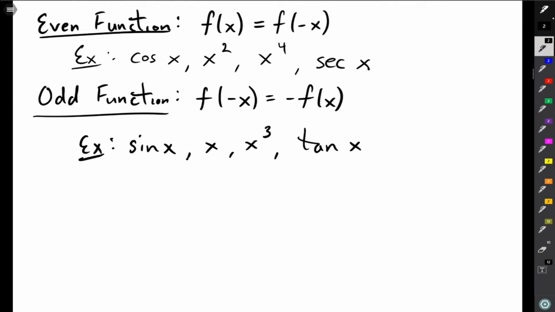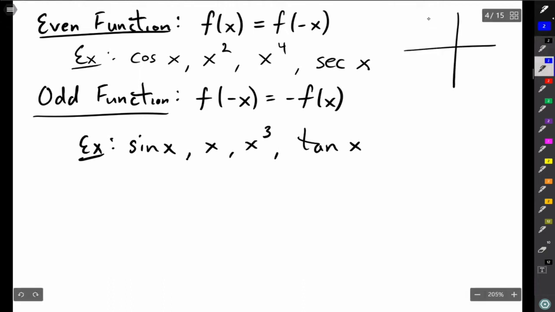What does an odd function look like graphically? Remember we said an even function is something that's symmetric about the y-axis. That doesn't look too symmetric, but let's pretend it is. Actually, that's bugging me, I have to try this again. So that would be an even function.